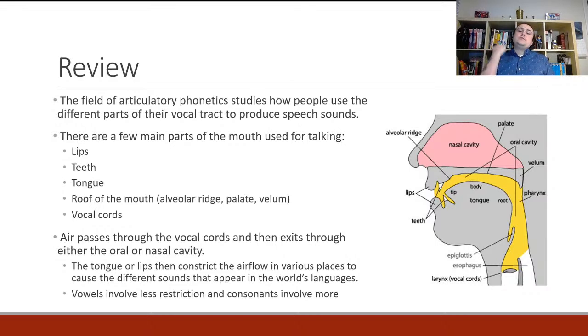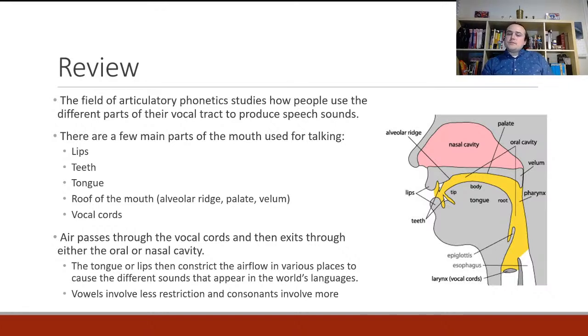Air passes through those vocal cords, and depending on how tightly you have them shut, it is either going to pass freely past them or it's going to make them kind of buzz. And then it exits through either the oral or nasal cavity. So the oral cavity is yellow in this image, and the nasal cavity is pink. And the tongue or lips can constrict that airflow in various places to cause the different sounds that appear in the world's languages.